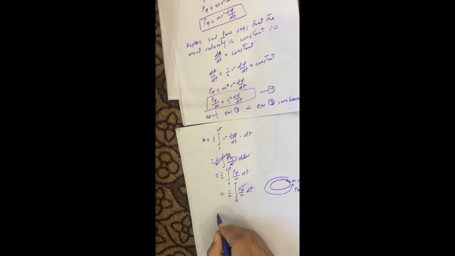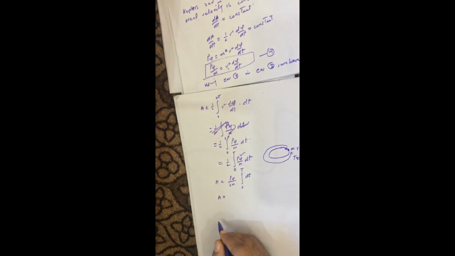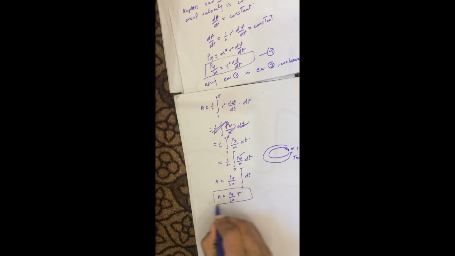So it means that our area, p of phi, which is constant, divided by 2m, is also constant, so I will keep it outside of the integral. So we have integral from 0 to T of dt, and from this we get area equal to p of phi over 2m times T. This is equation number 5.